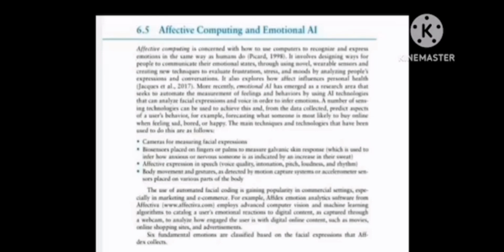The main techniques and technologies used in this area are as follows: cameras for measuring facial expressions, and sensors placed on fingers or palms to measure galvanic skin response, which is used to infer how anxious or nervous someone is, indicated by an increase in their sweat. Affective expression in speech: voice quality, intonation, speech loudness, and rhythm. Body movements and gestures as detected by motion capture systems.